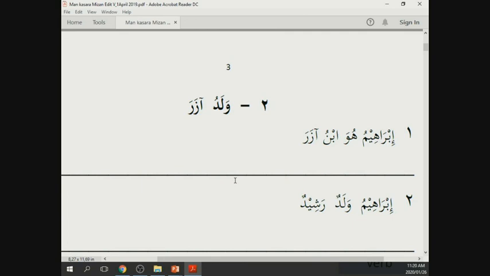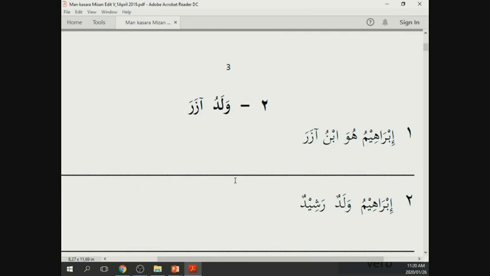Okay. Ibrahimu waladun rashidun. Ibrahimu waladun rashidun. Next one. Ibrahimu waladun hakimun. Next one. Ibrahimu ra'an yasjuduna lil asnami.